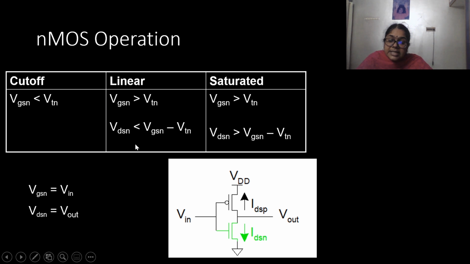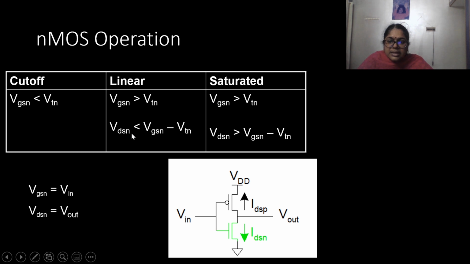But VDS should be less than VGS minus VTN for the current to be dependent upon the voltage VDSN. That is the linear region of operation, because the current is proportional to, or depends upon, the voltage applied between the drain and the source.